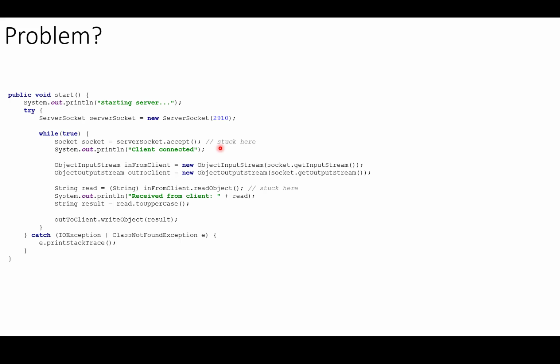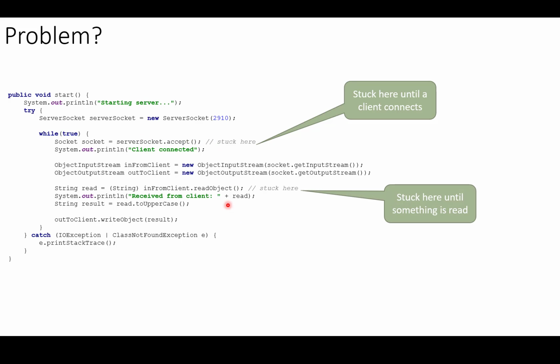As you can see in my comments, we were stuck here until a client connects. The server is waiting here, and we were also stuck here until we could read an object from a client. So I could not read objects from two clients at the same time.